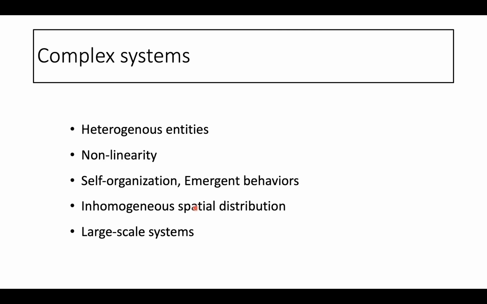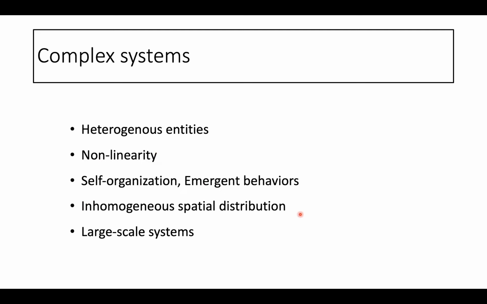All the examples that we have seen can go under the general umbrella of complex systems. Complex systems are systems with a heterogeneous number of entities that usually have nonlinear interactions between the components, and this means that usually the emergent behavior cannot be derived from the knowledge of the single entity.